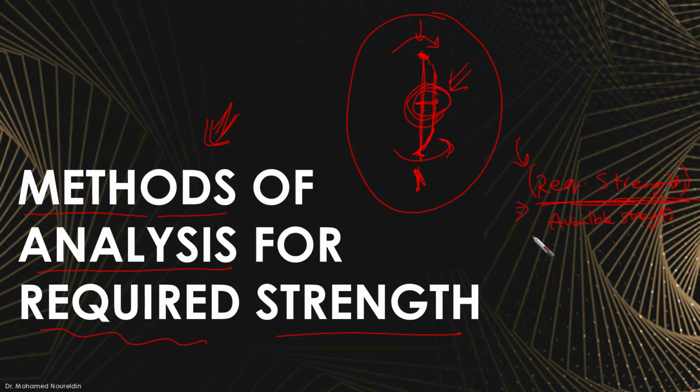But sometimes these load combinations are not taking into consideration the additional moment that is going to take place due to what we call the P delta effect, as I'm going to explain later. There is additional amplification of this moment that should be taken into consideration. So here I'm going to highlight the methods that AISC is providing for obtaining this required strength.